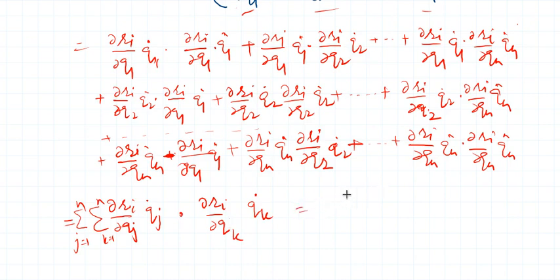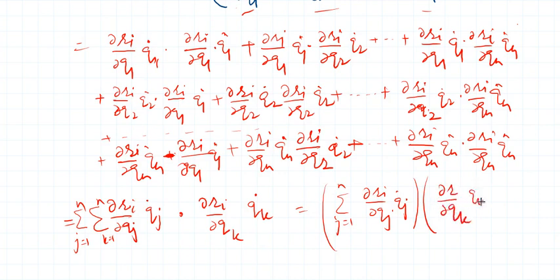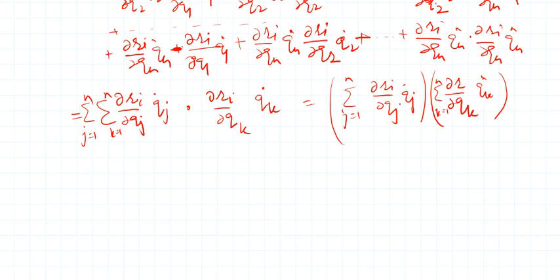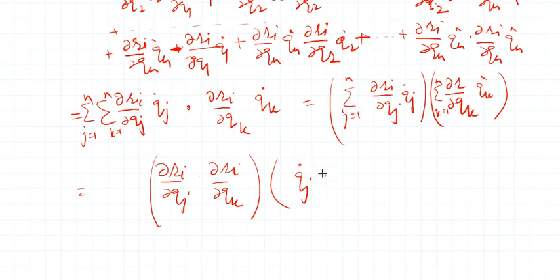Let me readjust these terms: it is ∂Ri/∂qj times ∂Ri/∂qk times qj dot and qk dot, with a double summation over k from 1 to n and j from 1 to n.